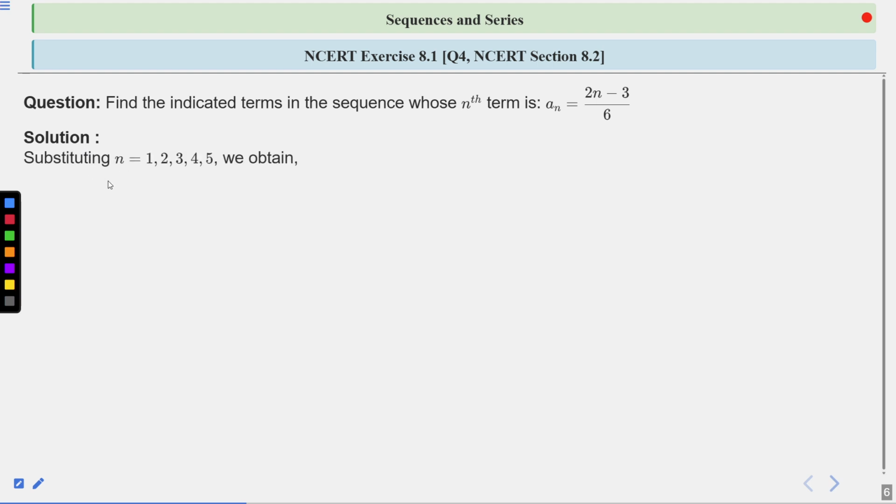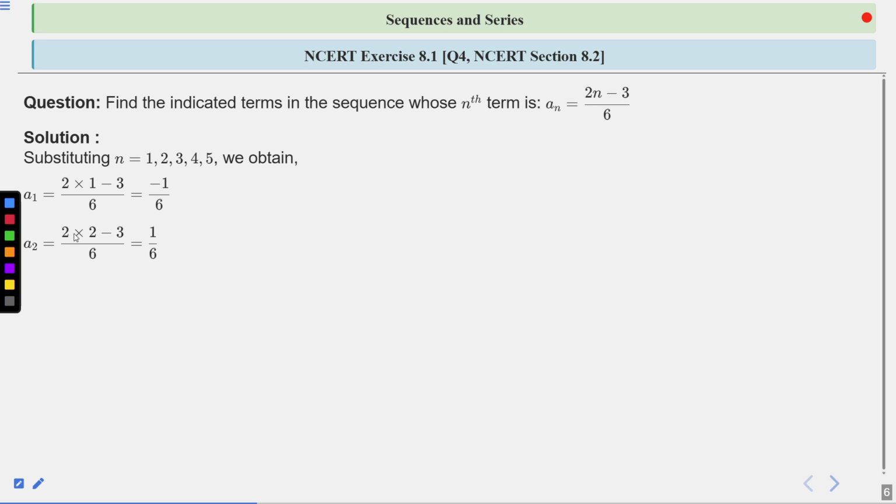So, substituting n values 1, 2, 3, 4, 5, we obtain a1 as (2 times 1 minus 3) by 6, which is equal to minus 1 by 6. Simple. So the first term is going to be minus 1 by 6.